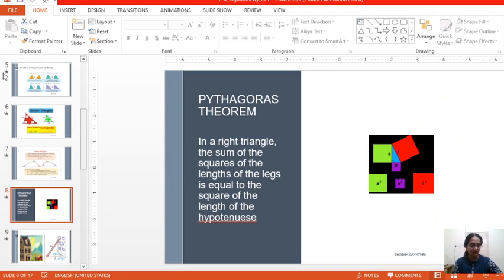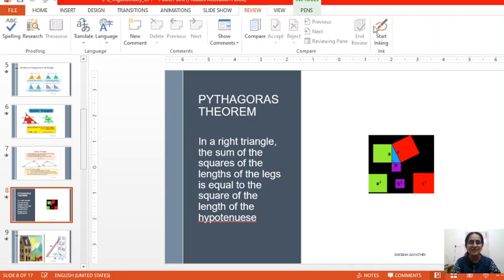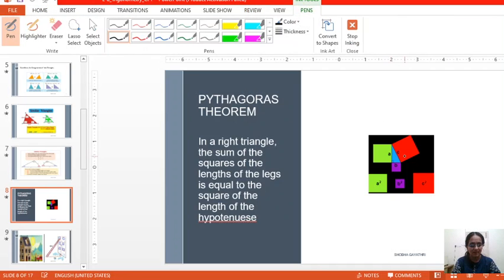Later, you studied the very famous Pythagoras theorem in your 7th standard. It's very easy. Pythagoras theorem gives the relation between the sides of a right angle triangle. Let me name the triangle first. Let the 3 vertices be A, B, C. Now a, b, c are the sides of this right angle triangle.